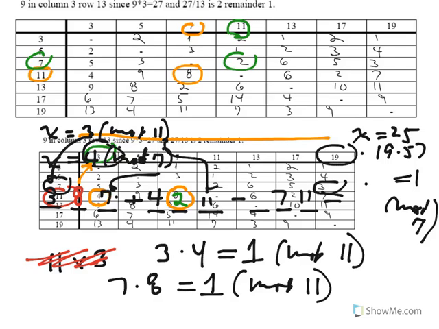So at this point, this number is 168, and this number is 88.